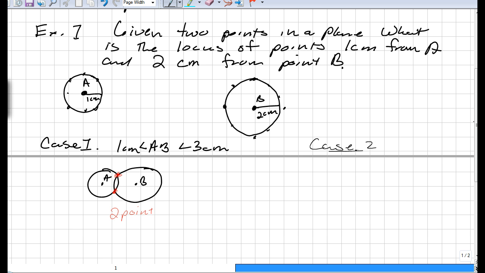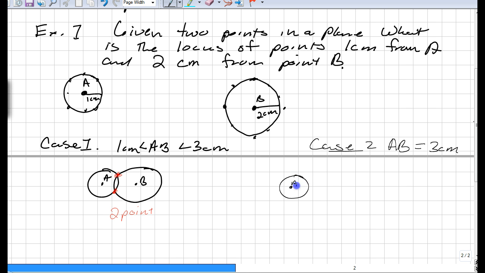Case 2. In case 2, the segment AB could be exactly 3 centimeters. And so we'd have circle A with radius 1 centimeter and circle B with radius 2 centimeters. And so my picture didn't come out good, but they would just be tangent to each other. So there would only be 1 point that meets the 2 conditions.